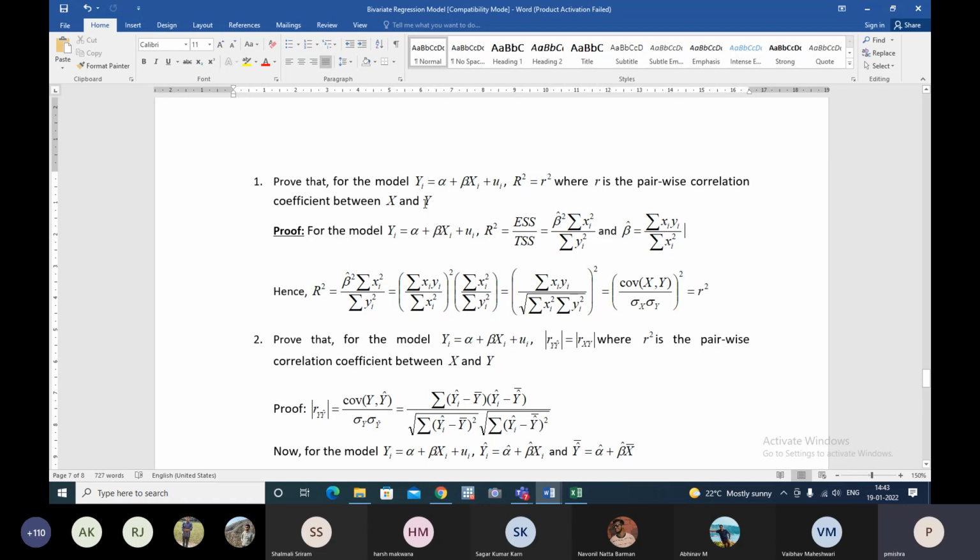And we need to prove this. So what we are doing? We know that for this bivariate model, R square can be rewritten like this. And we know that beta hat is equal to this. Already we have derived this.